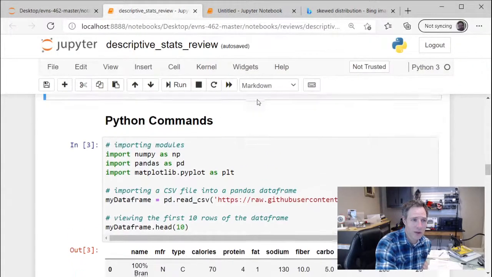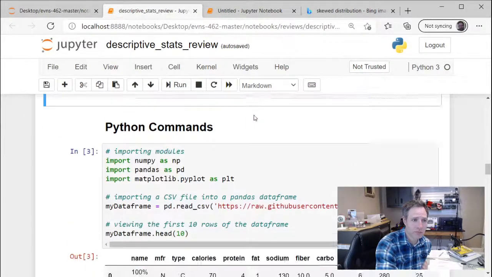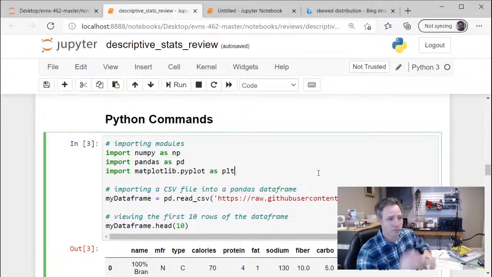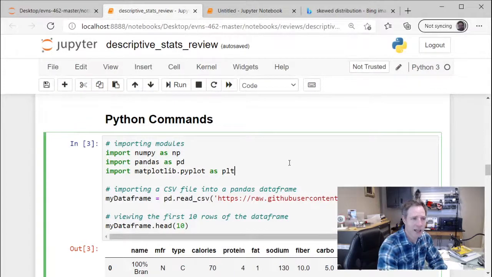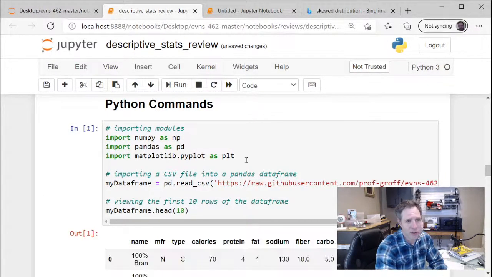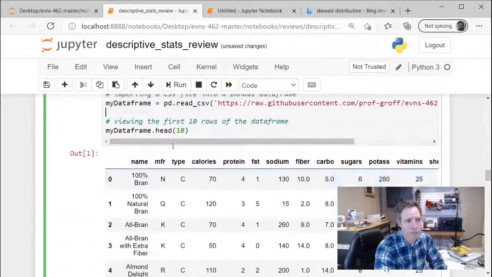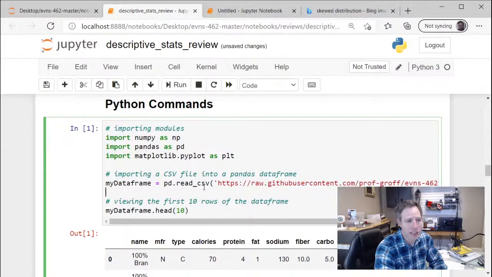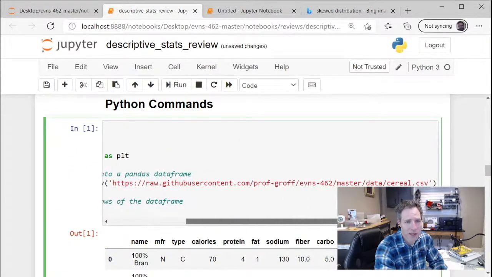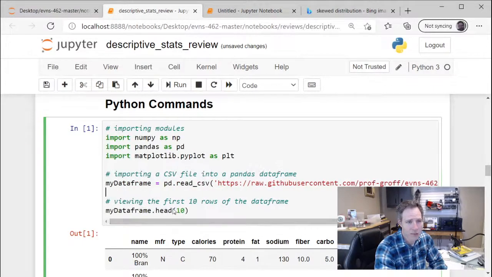Okay, so back here, let's take a look at some Python commands that I'd like you to be able to work with. I'm pulling in a data set. This is a data set about cereals that's posted on my GitHub.